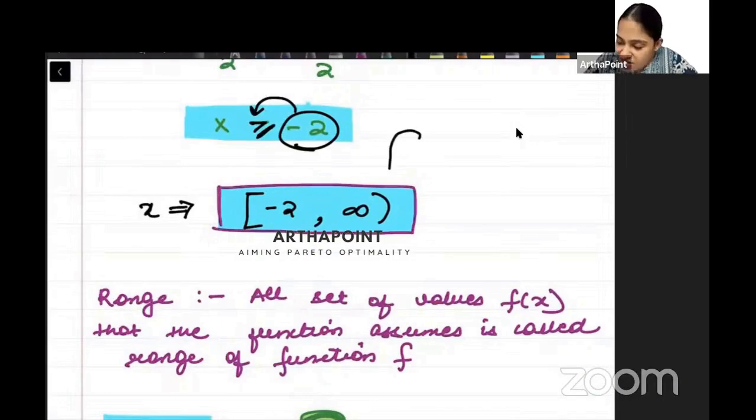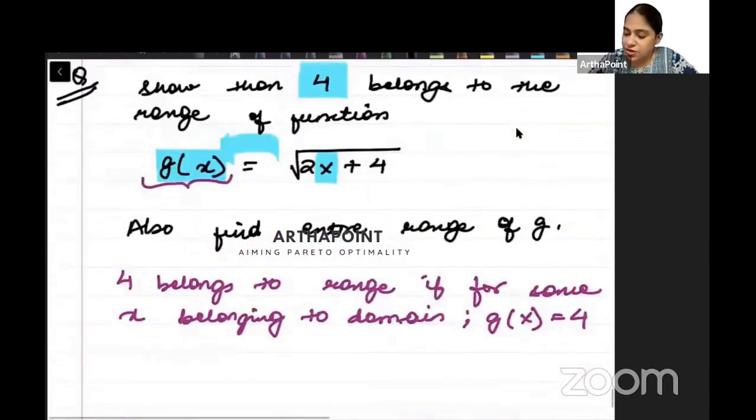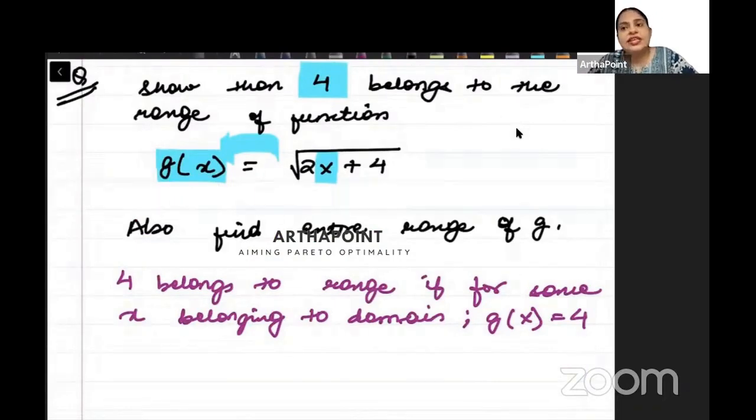If there is one such x in this domain, कोई एक ऐसा x exist करता है such that the value that you derive here will come out to be 4, then we can say that 4 is in the range. फिर 4 range में होगा.